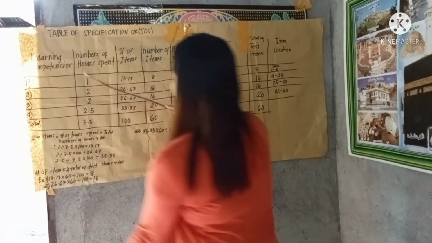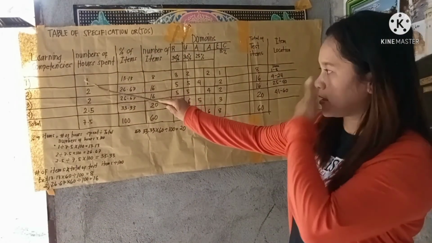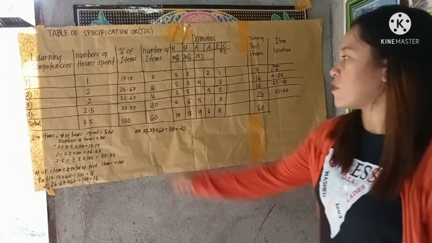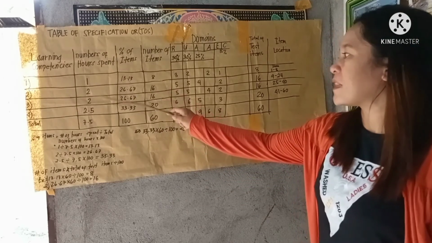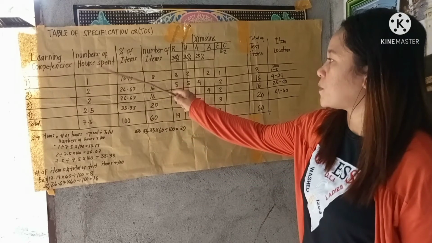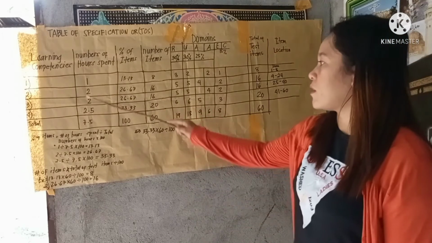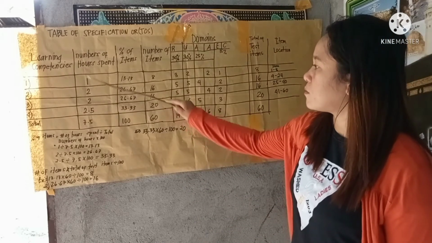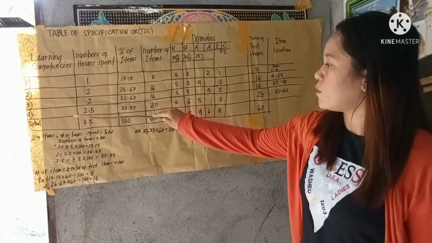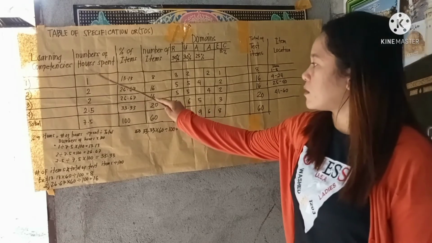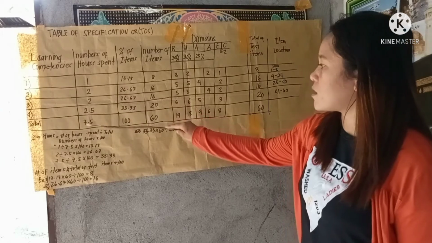Number of hours spent for competency 1 is 3, competency 2 is 2, then 4, 2.5. The total is 7.5.